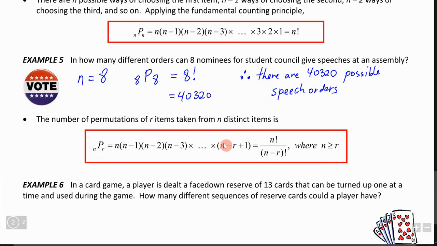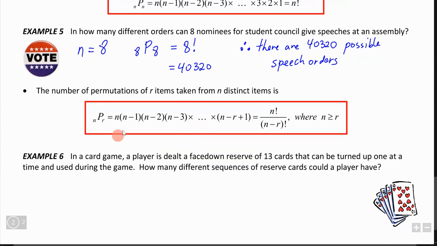Or you can use this nice factorial formula: n factorial divided by n minus r factorial, which removes the other possibilities and just does it in r ways, or r items. It's not so important to understand where this formula comes from; we're just going to use it to determine the permutations of r items from n distinct items.